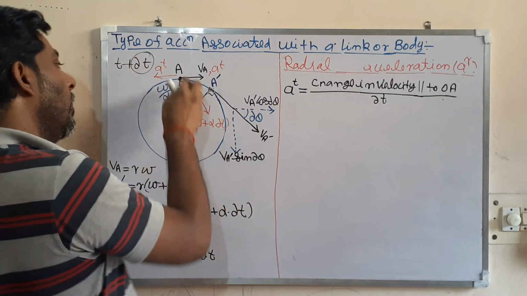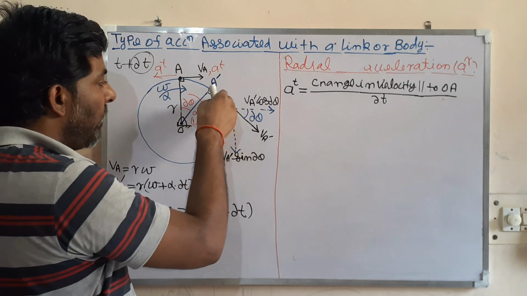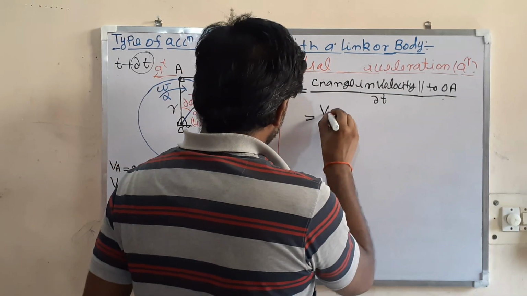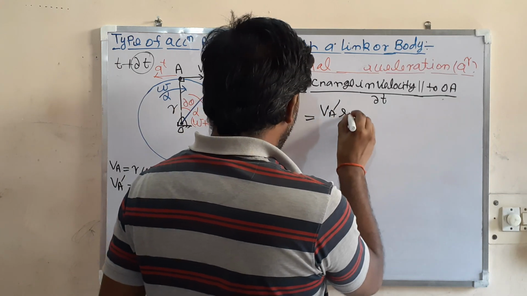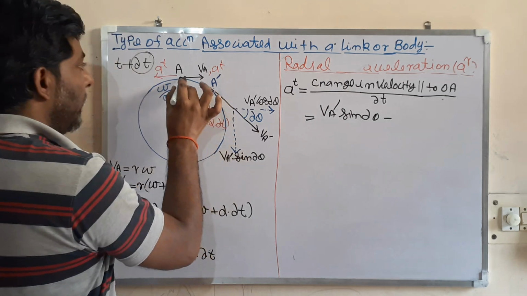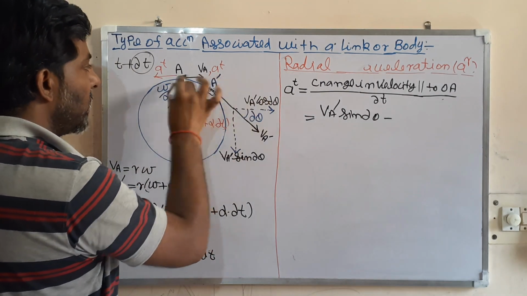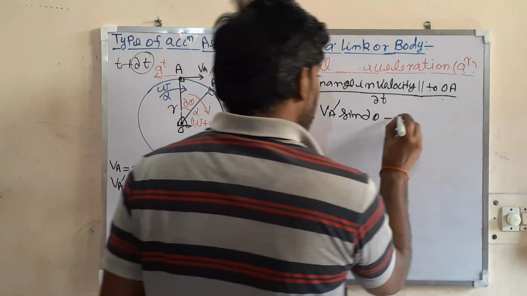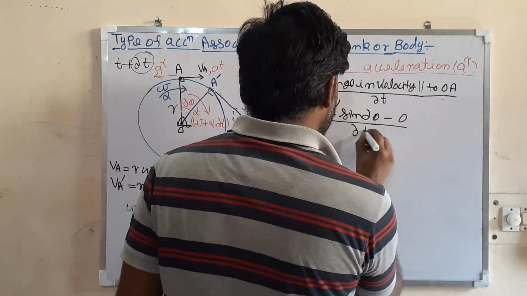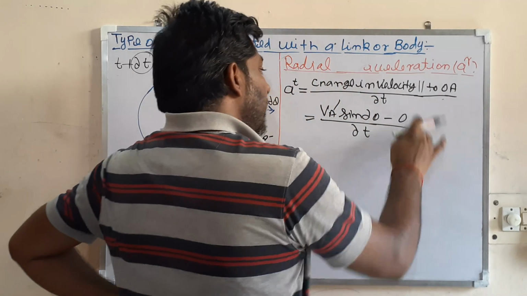The final component parallel to OA is VA dash sin del theta minus 0, since the other velocity has a component only in the x direction and not in the y direction, all divided by del t.